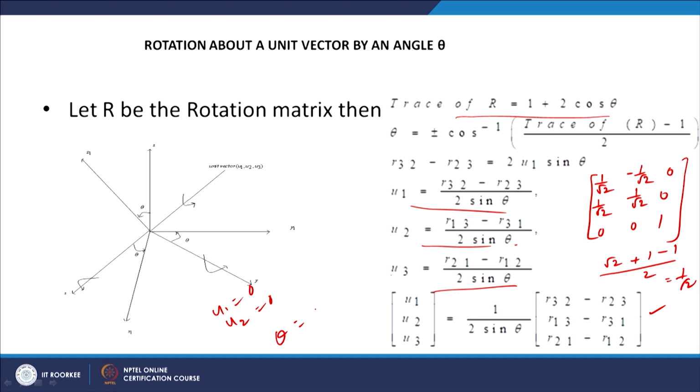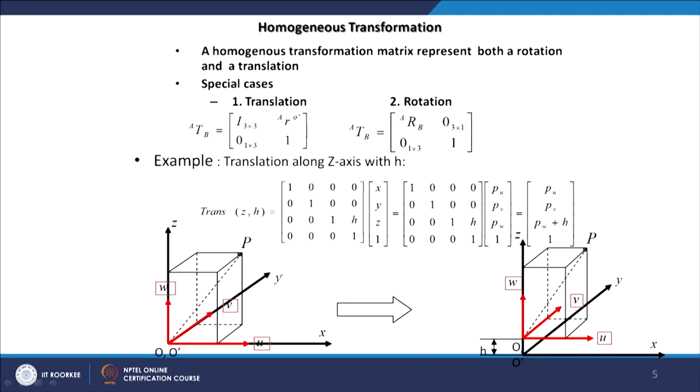So we will get theta as pi by 4 from this formula, and if I substitute it here, we will get the u3 value to be 1. So it is a rotation about the z axis by 45 degrees, which we already know, and that is obtained from this formula. So generally, if we get any rotation matrix, using this formula we can obtain the axis of rotation as well as the angle of rotation.